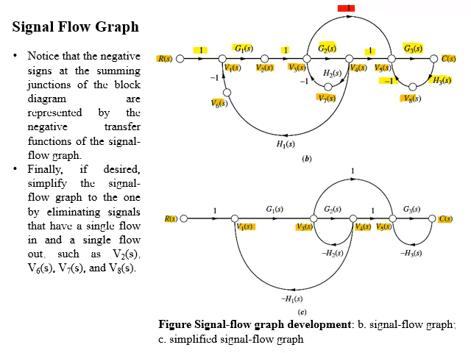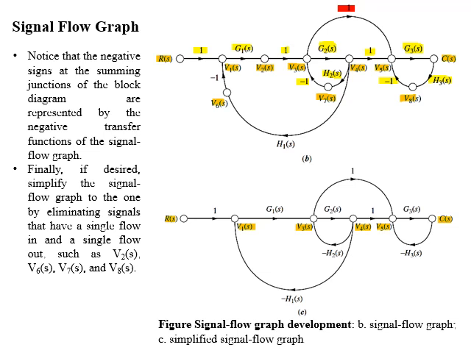Similarly, the V4(S) node will get connected to the V7(S) node with branch gain H2(S), and the V7(S) node will get connected to V3(S) with a branch gain -1.